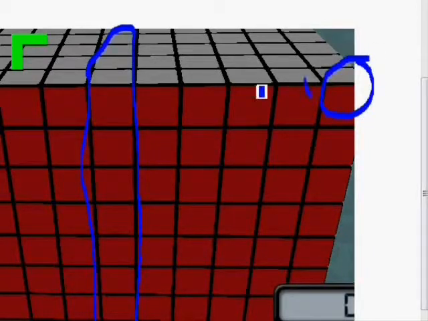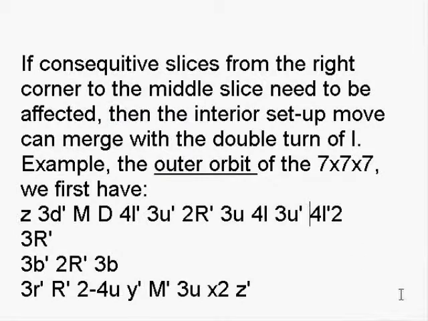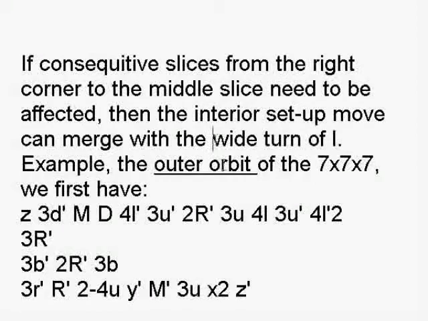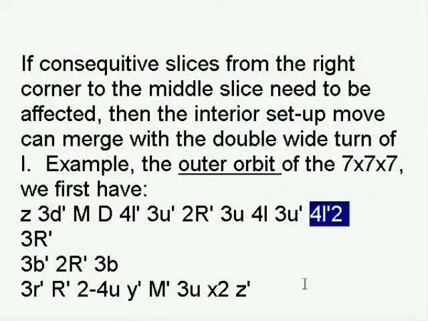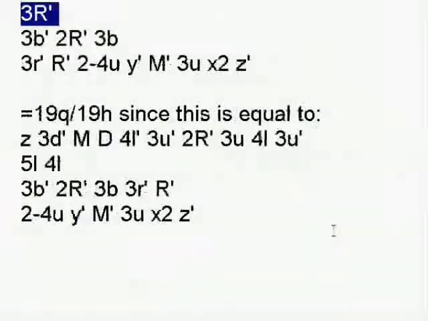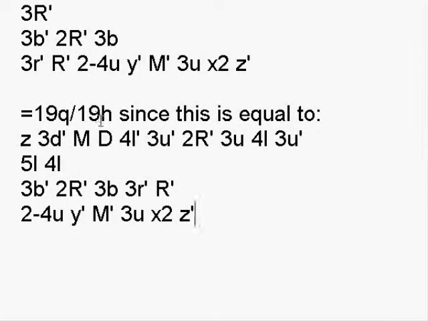If this slice and this slice were affected only, and we needed to apply an edge flip algorithm to those orbits, or if it was these 3, as long as from the right corner consecutive slices need to be affected, then the interior setup move can merge with the double wide turn of L. This right here will cancel with this because the slices are adjacent to each other. The algorithm will actually cancel to 19 quarter turns, but it'll still remain 19 half turns.